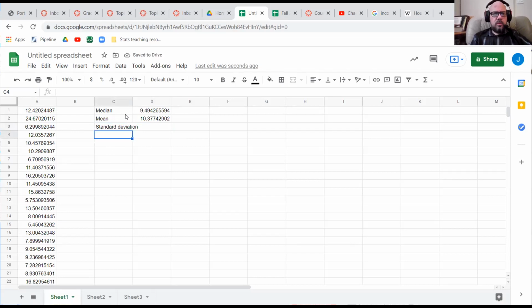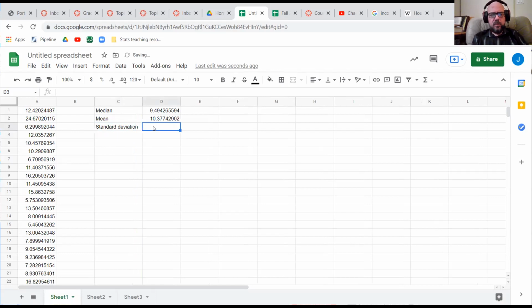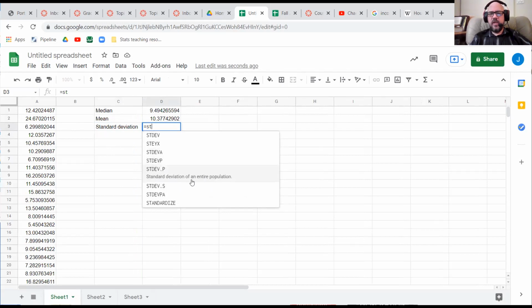I would use the command st.dev, I think. Is it st equals st? Yeah. So standard deviation right there. P and S: standard deviation of a population, standard deviation of a sample, right? You might notice that stdev.s, they just call that standard deviation. That's the same thing as this, whereas this is standard deviation of an entire population.